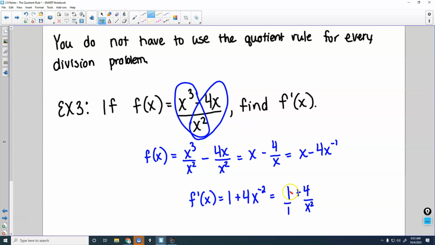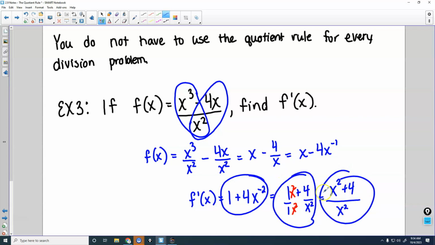So we would multiply by x squared on top and bottom there and get x squared plus 4 over x squared. Now, any of those are fine by themselves. It just depends on what your answer looks like.